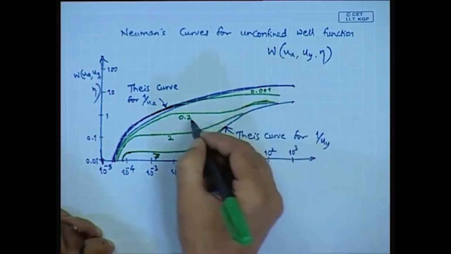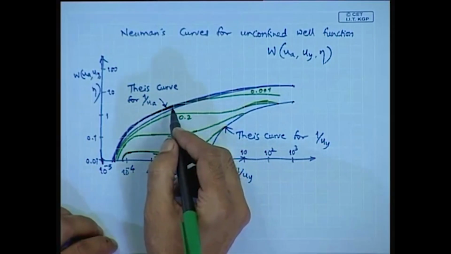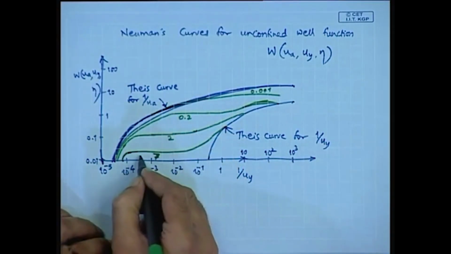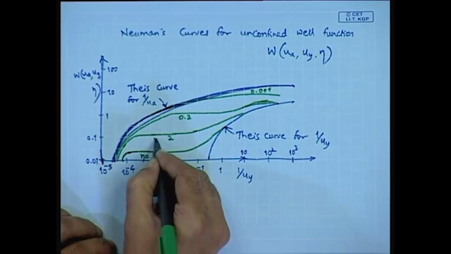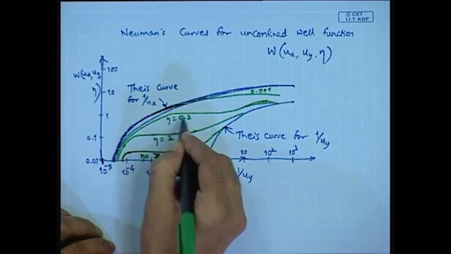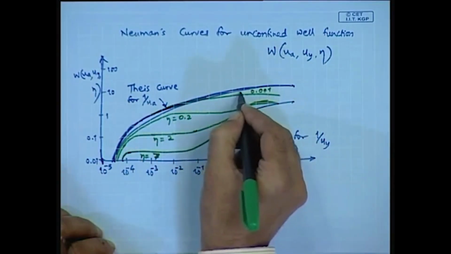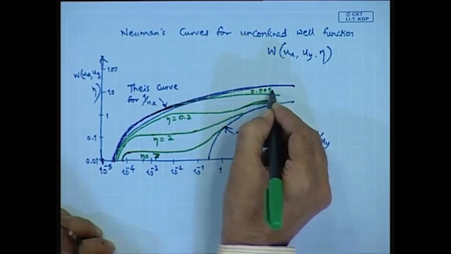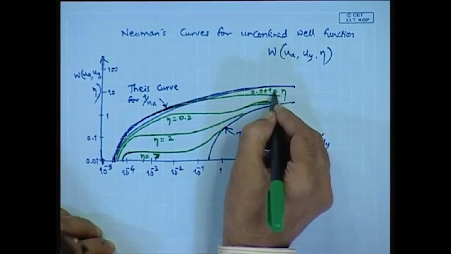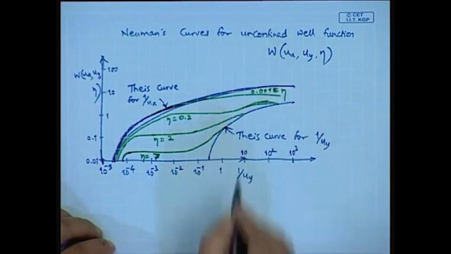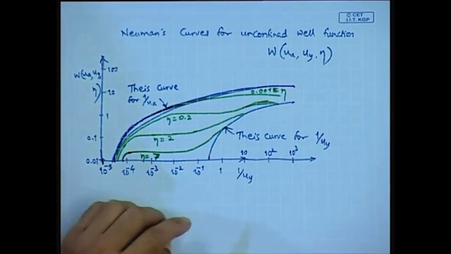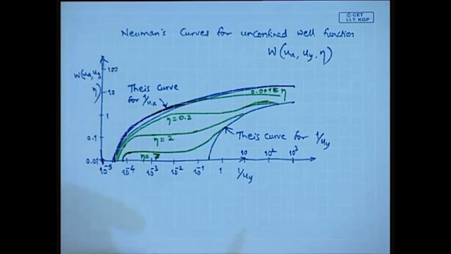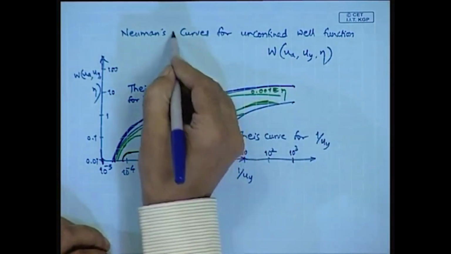So these are all the eta values. So this is eta equal to 7, eta equal to 2, eta equal to 0.2, and this is eta equal to 0.01. So this is how the Newman's theoretical curves look.